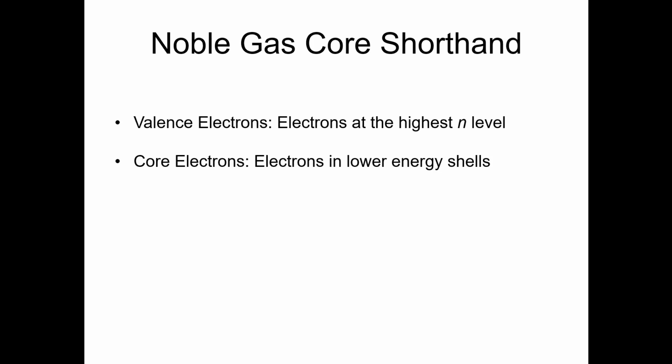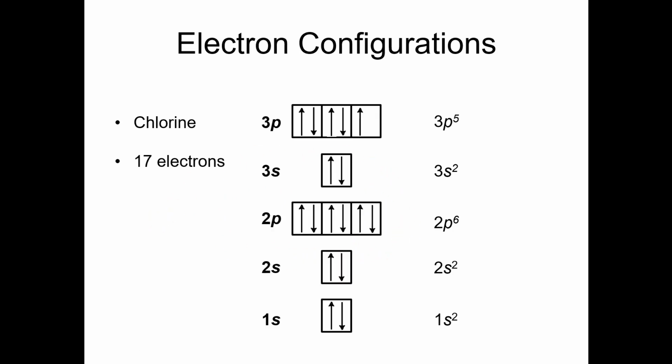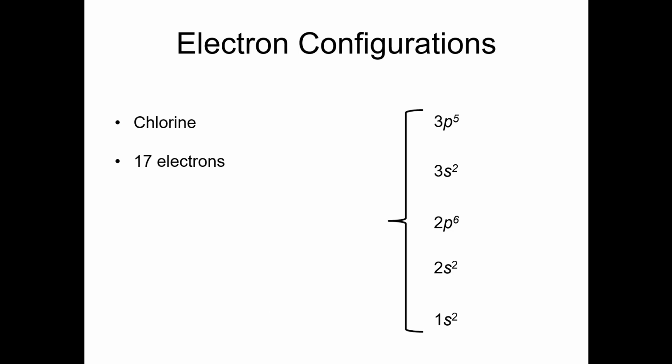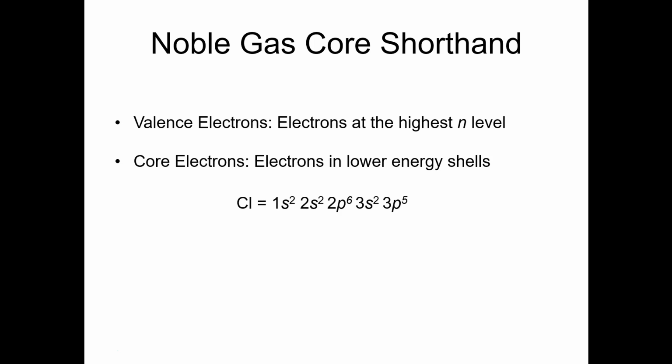When we're writing an electron configuration notation, this is more convenient than this, but we can do something more convenient still. We can write this out for chlorine, which I just had, 1s2, 2s2, 2p6, 3s2, 3p5.